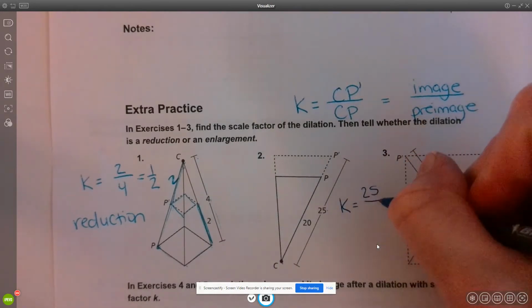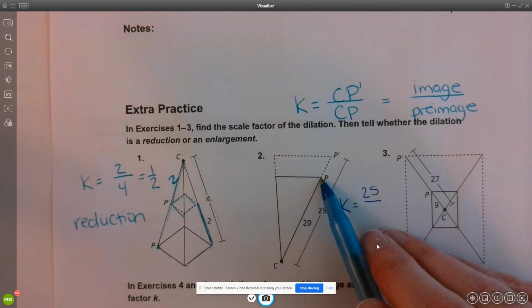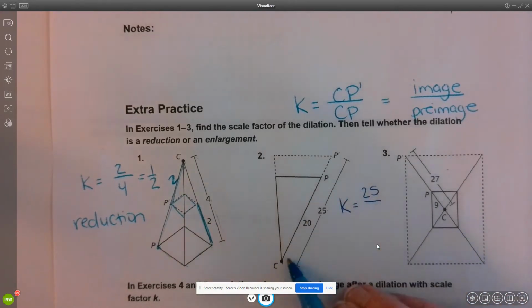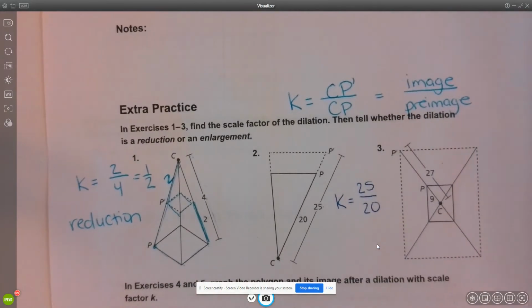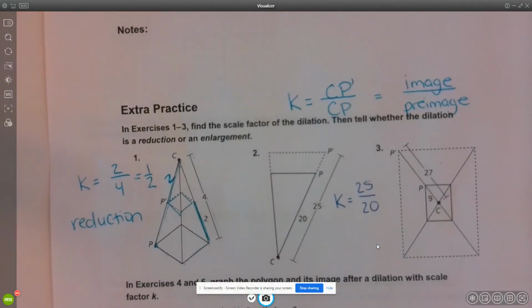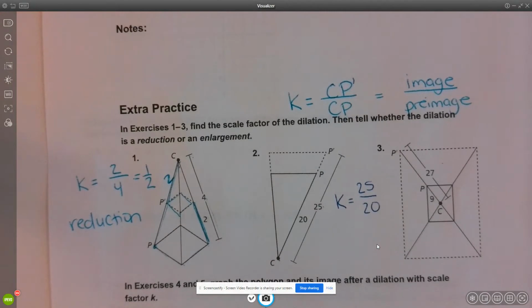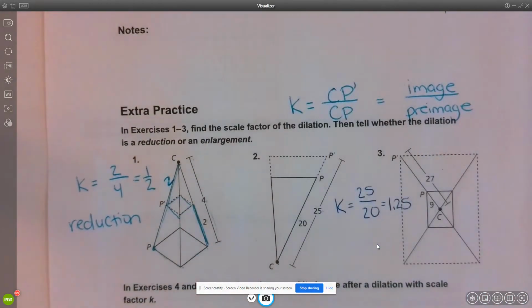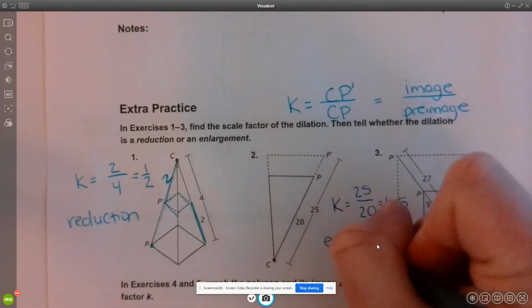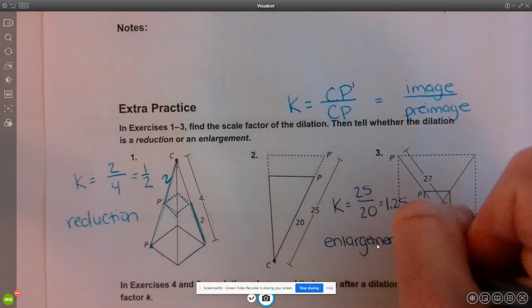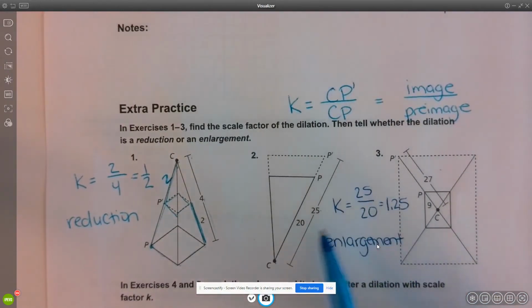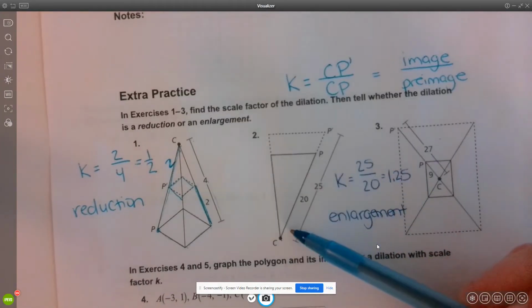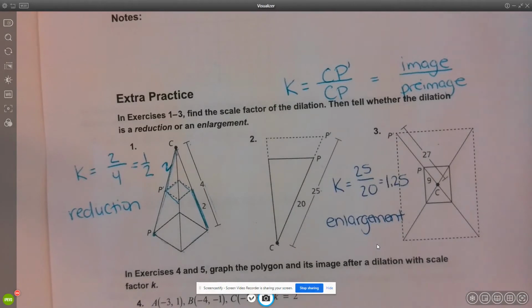And I need to divide that by the distance from C to a point on the pre-image, which is P. That distance is 20. And so when I go ahead and divide, I get that the scale factor is 1.25. This means that my dilation is an enlargement because my scale factor is a number greater than 1. And I can tell in the picture that my triangle gets larger after the dilation.